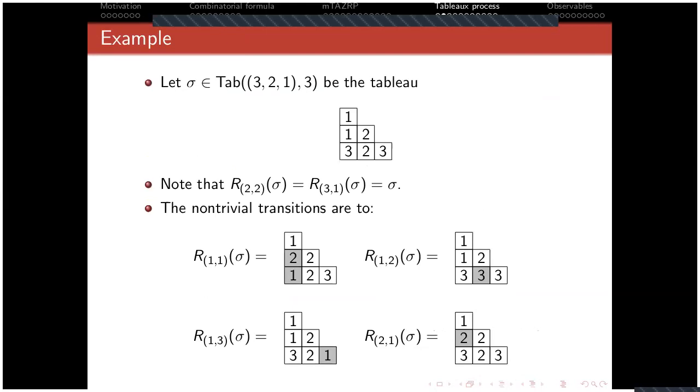So suppose here is a tableau of shape 3, 2, 1, and maximum entry 3. Let me look at the 1, 1 cell. The cell immediately above it is a 2, which is increased by 1. The cell immediately above that is not 3. So the largest contiguous chain is... sorry, I should start here.